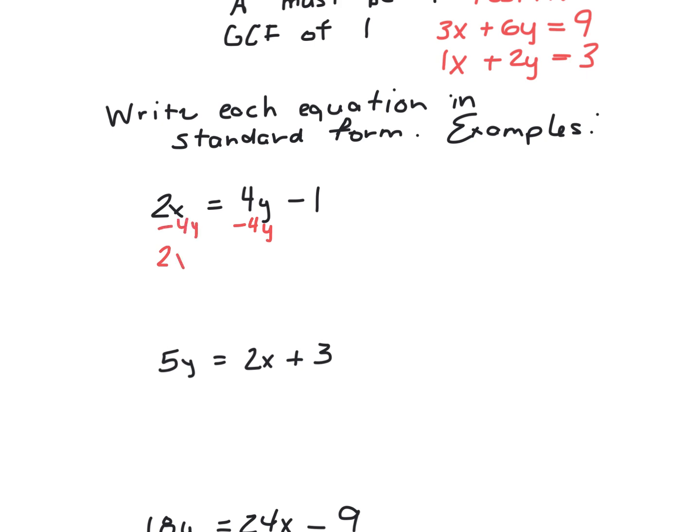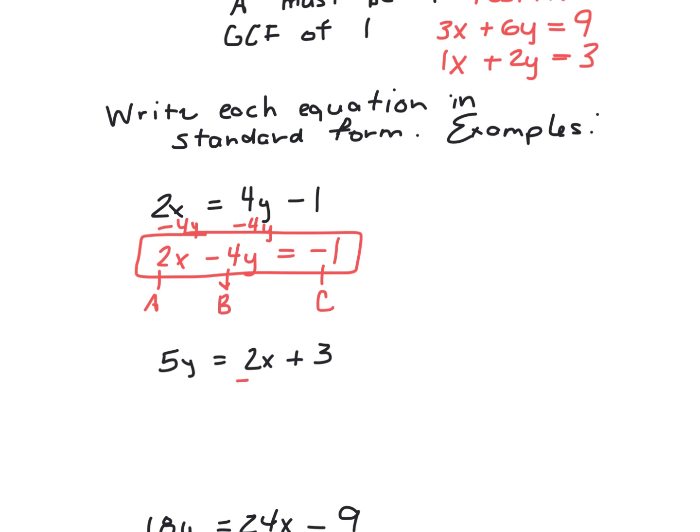So I would have 2x minus 4y is equal to -1. And that is standard form. My a value is 2, my b value is -4, and my c value is -1. And my a is positive, and there is a greatest common factor of 1 amongst those. So this would be in standard form there.